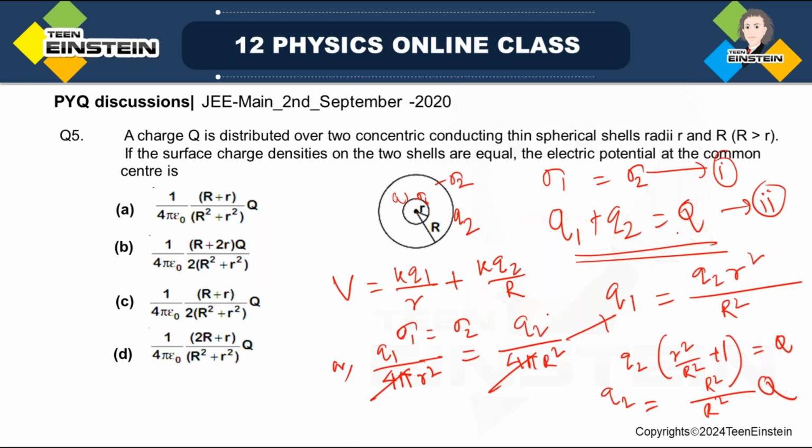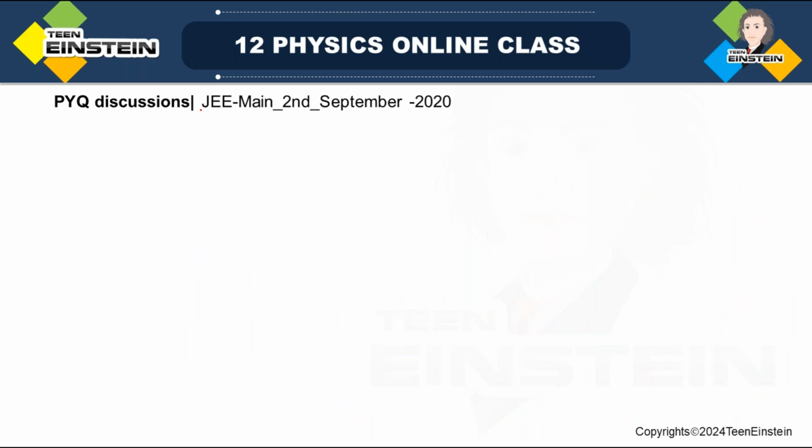So if I put the value of Q1 in this equation 2, then I'll be getting Q2. Similarly, if we go from here, say Q1 by 4 pi r square equals Q2 by 4 pi capital R square.